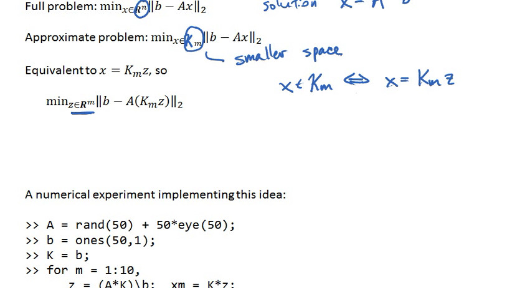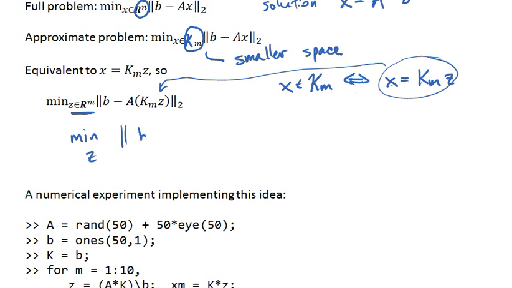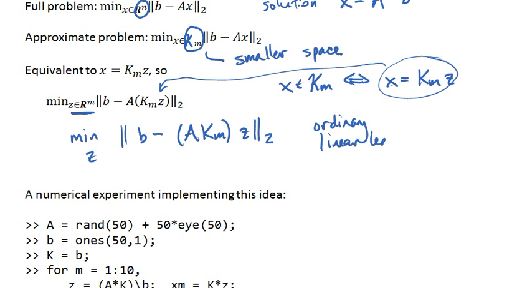And we're going to minimize b minus A times x, but x has this form, Km z. And then, of course, we could rewrite this as a minimization over z of b minus the matrix A Km times z. And this is just an ordinary linear least squares problem.